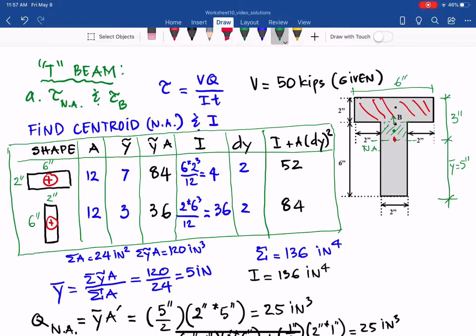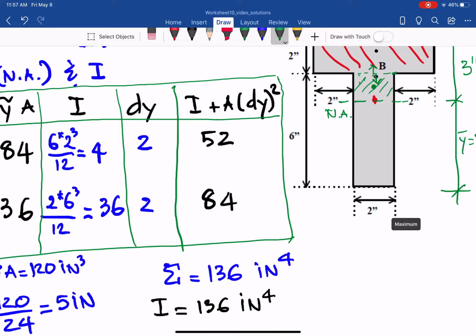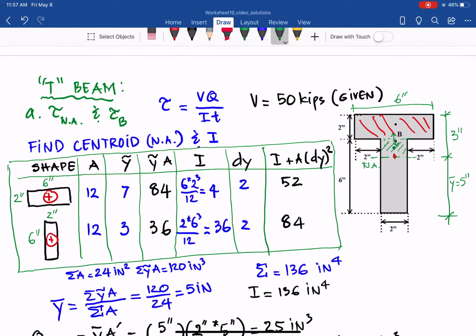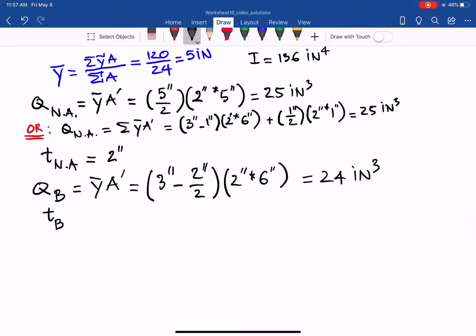If we go a little bit down, then it will be 2 inches, the thickness of the web. So as you can see, at point B there is a discontinuity in the distribution that I will show later on. We have 2 thicknesses there. So tB is equal to 2 inches.